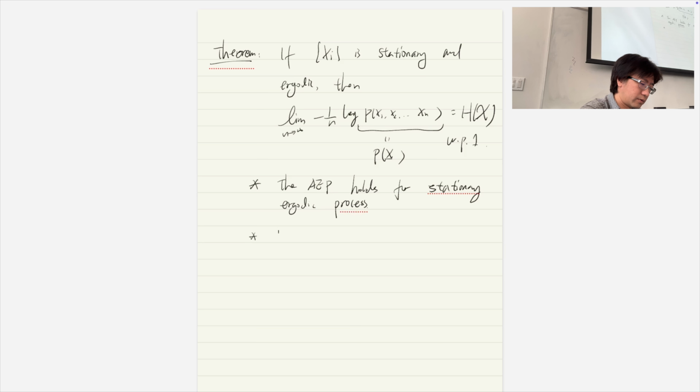fashion, right? So then we can define the entropy typical set.